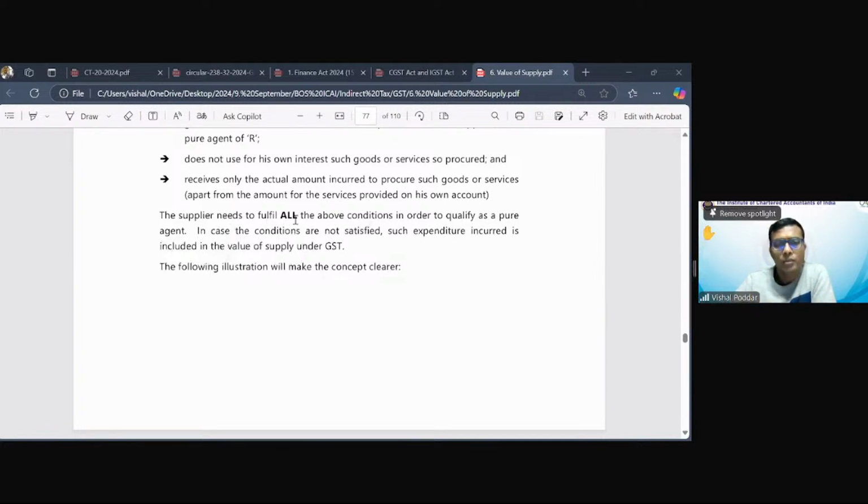The supplier needs to fulfill all the above conditions in order to qualify as a pure agent. In case the conditions are not satisfied, such expenditure incurred will be included in the value of supply.